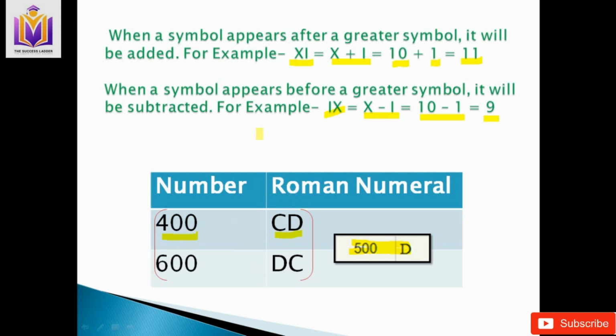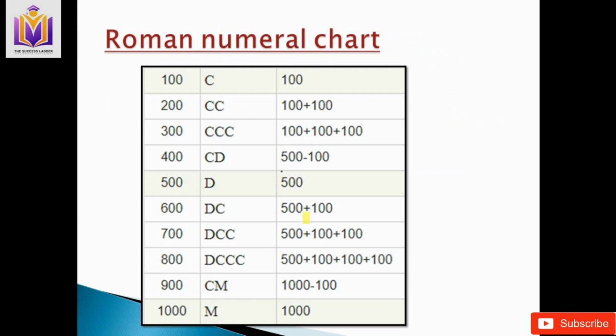So in that case we will subtract 100 from 500 and it will make 400. And if the smaller number is after the greater number, like in the above rule we said, in that case we will add. So here DC is there. So D plus C, it makes 600, as 500 plus 100 will become 600.